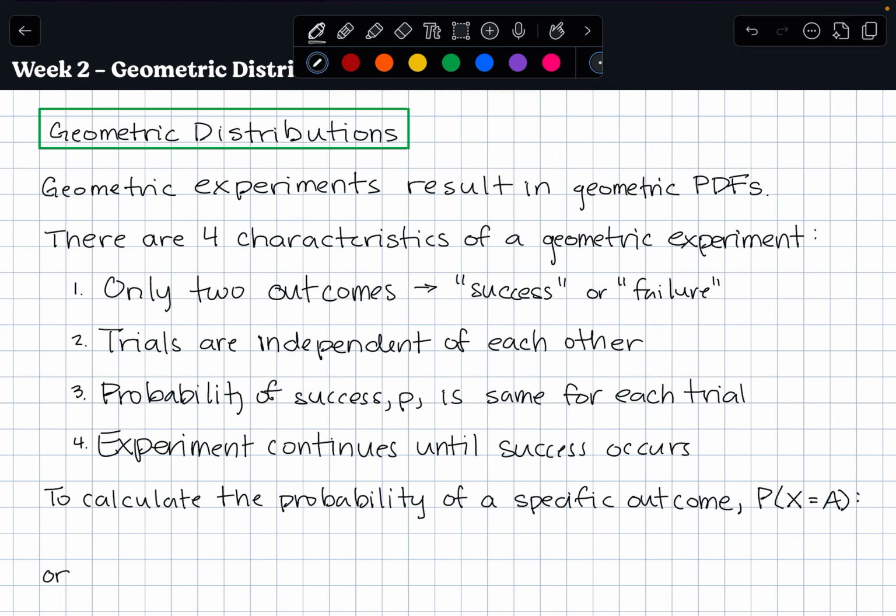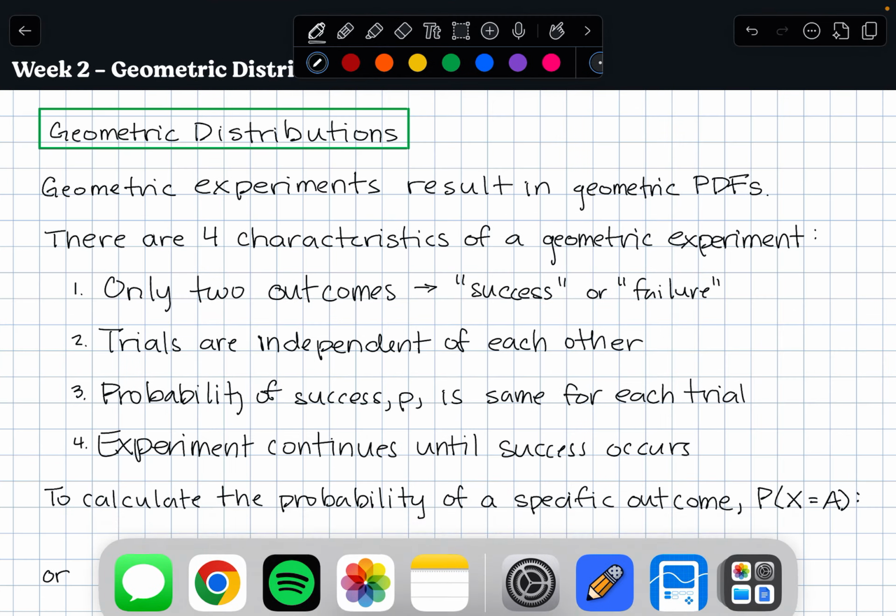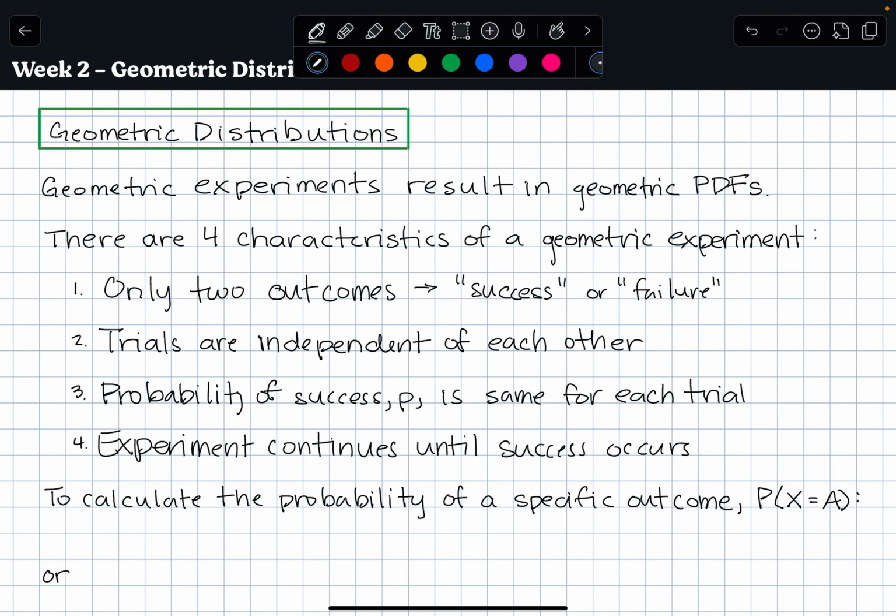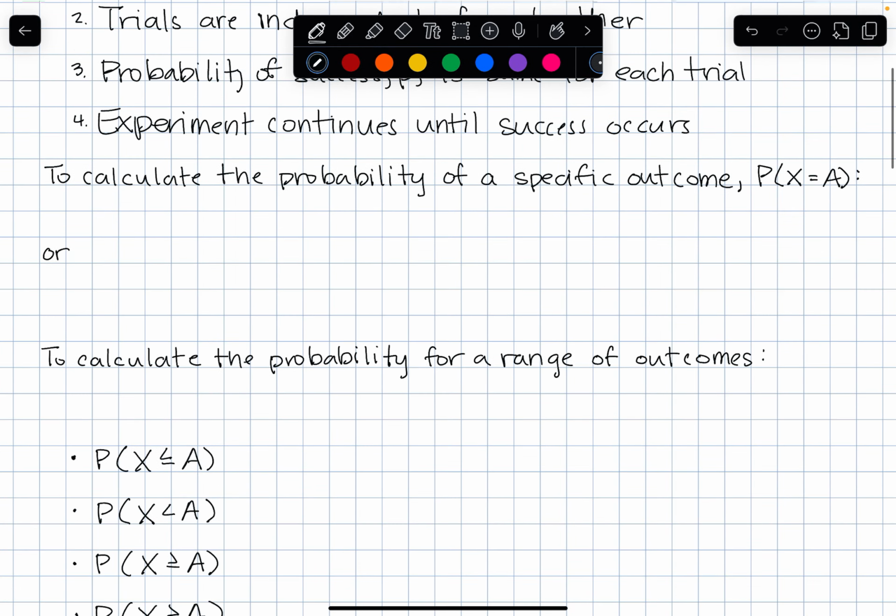The upside is there are shortcut formulas here, and our calculator can do the probabilities exactly the same way it did for binomial. The difference is with binomial, we went straight to the calculator for probability.